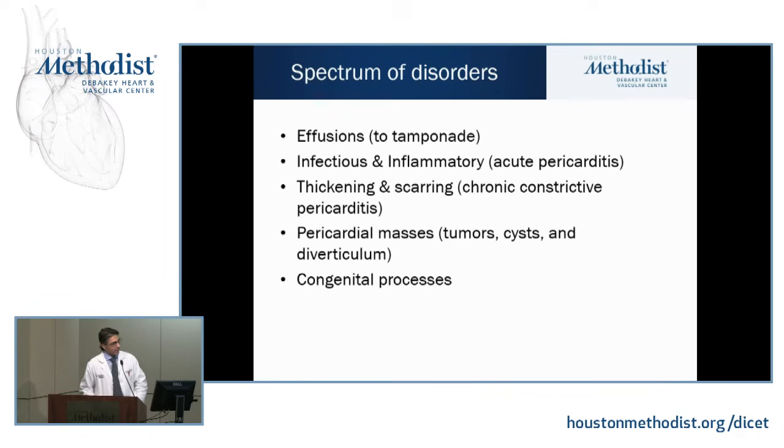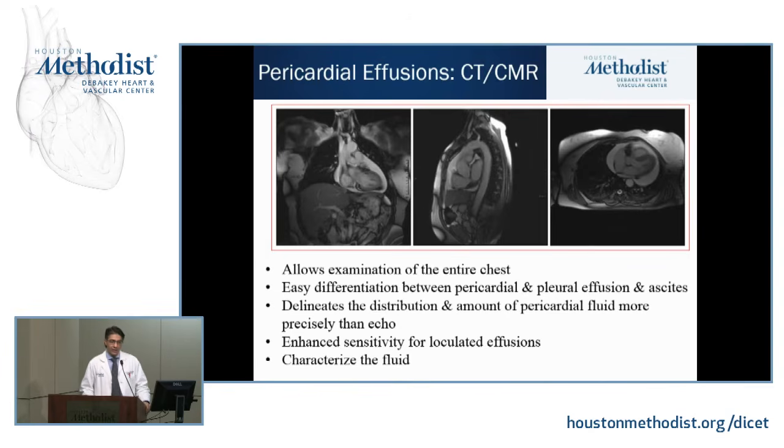As Gopi alluded to, this is really a spectrum of disorders. I'm going to hit upon all of these, spend a little more time on some than others, and we'll keep on going. So let's start with pericardial effusions. This is a great technique because, using our axial, sagittal, and coronal views, we can really look at the entire circumference of the fluid.